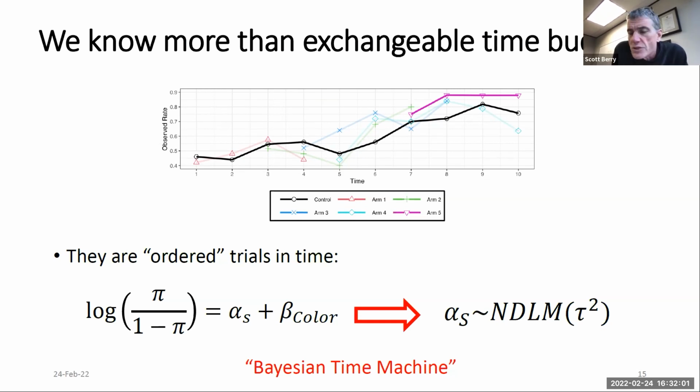So we use a Bayesian smoothing spline to model time, where we can learn, by the way, if there's a time effect, and if it appears there's no effect, or it's linear or it's flat, you learn very quickly and there's smoothing of that. So this model, this Bayesian time machine, is modeling the underlying effect of time with a Bayesian smoothing spline. Otherwise, it's very similar to what Marta presented with the modeling of time.